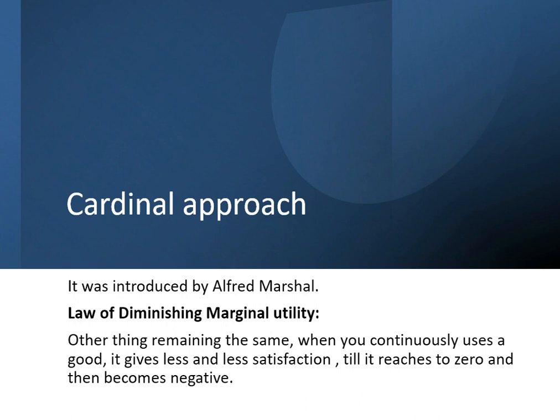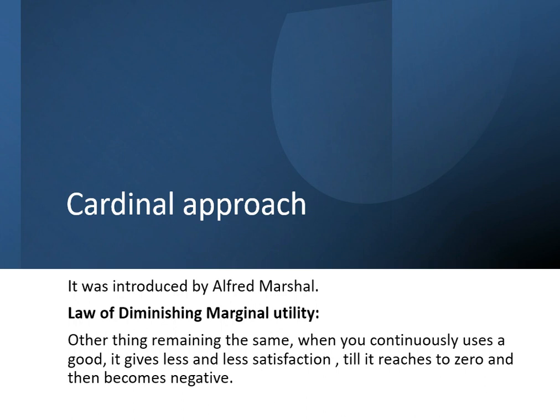In today's lecture we are going to discuss the different methods to measure utility. The first method to measure utility is called the Cardinal approach. This method was introduced by Alfred Marshall, and that's why it is also called the Marshallian approach to measure utility.